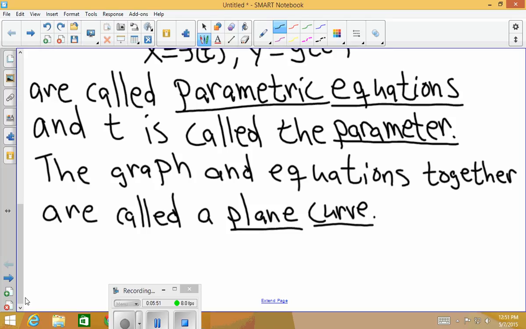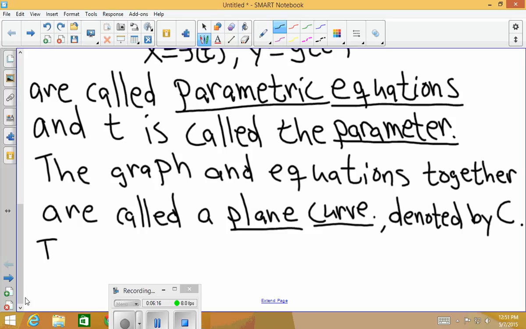And sometimes we could say it's a parametric plane curve, but oftentimes we'll just say plane curve. And we denote a plane curve by the letter C or some other capital letter.